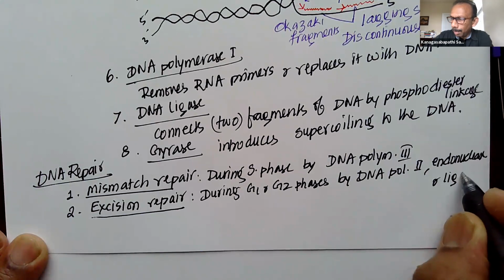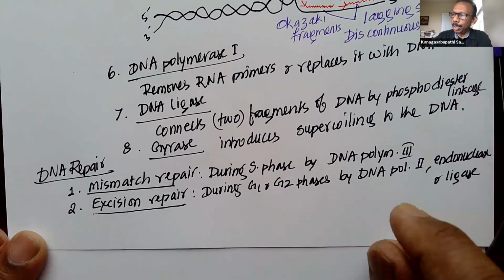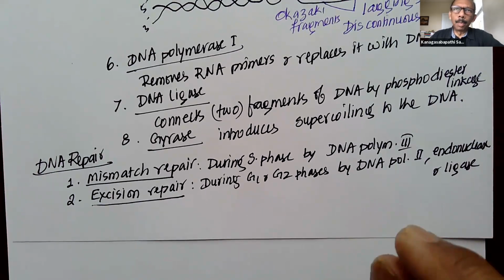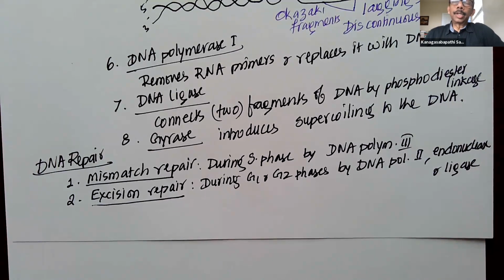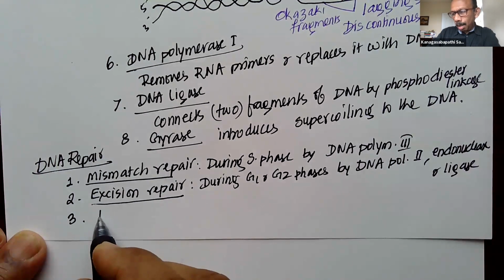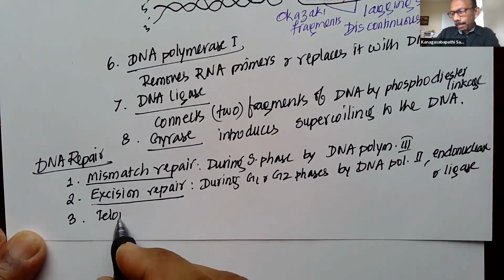All these enzymes come in if the DNA is damaged by UV, like what happens in the summer: you get a sunburn and the skin peels off because it's not able to repair itself. It's too much damage. And the last but not the least is called telomere repair.